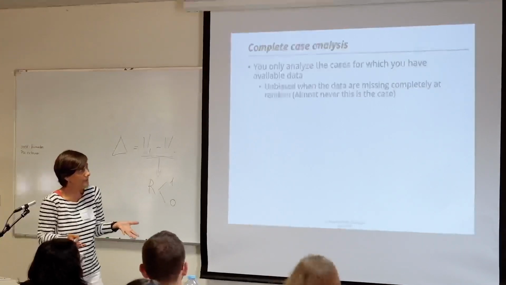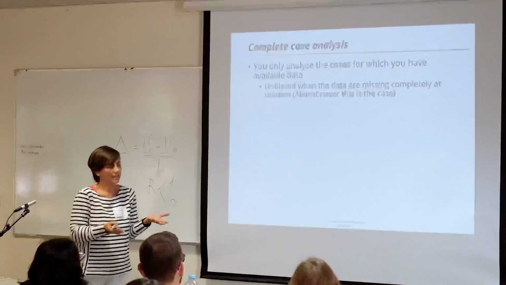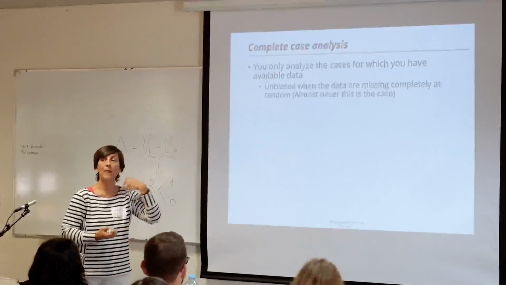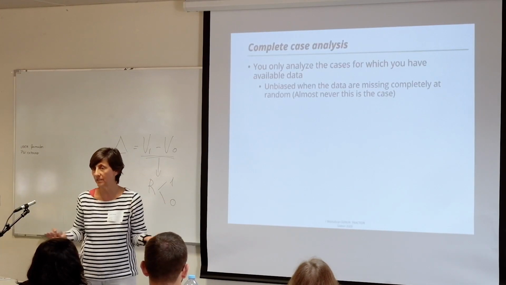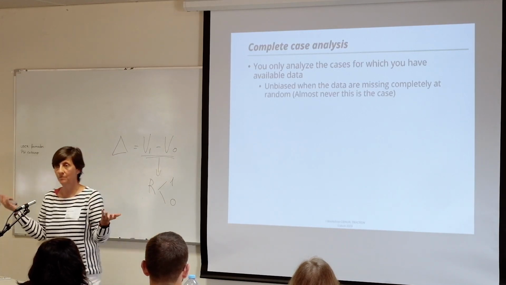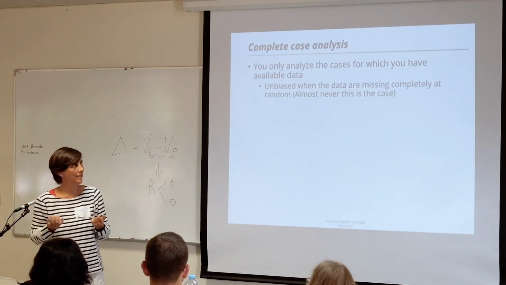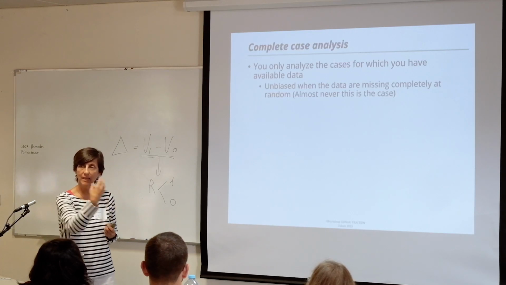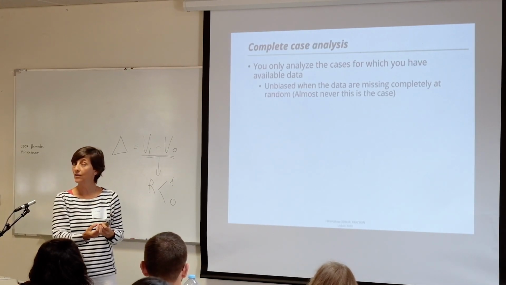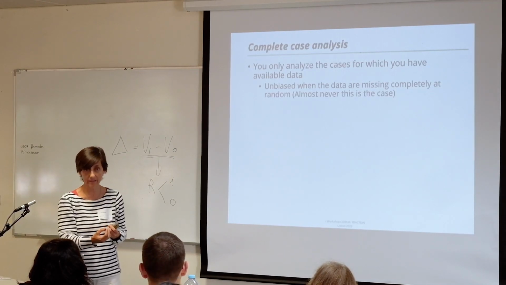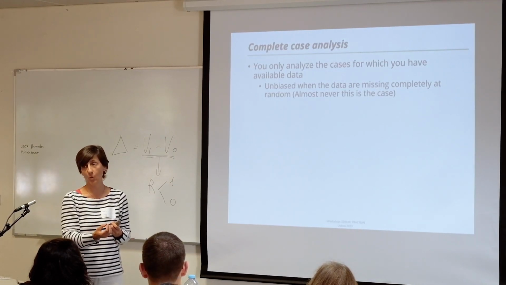The problem is that this gives you an unbiased result only if the data were missing at random, like, oops, I forgot to put the data in there. But if you are missing the data because of something, like the ones that are non-adherent, then that's a problem.